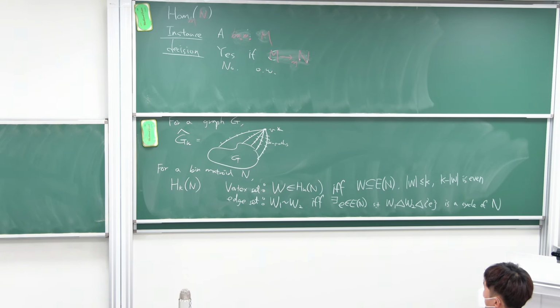Okay, so we can ignore this one. There is a graph homomorphism from G to H_K of N if and only if there is a matroid homomorphism from G K hat to N.